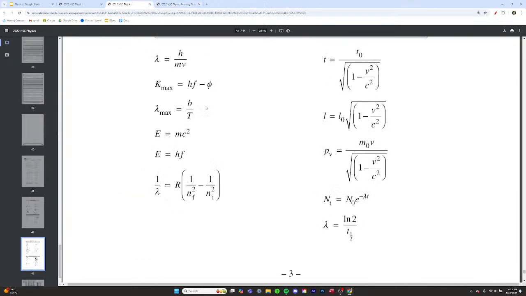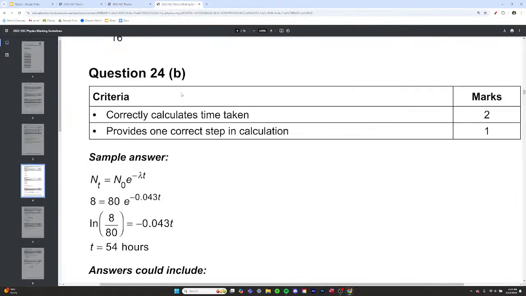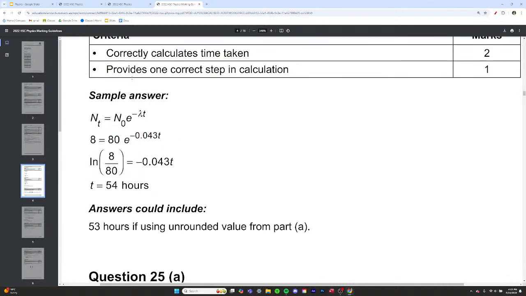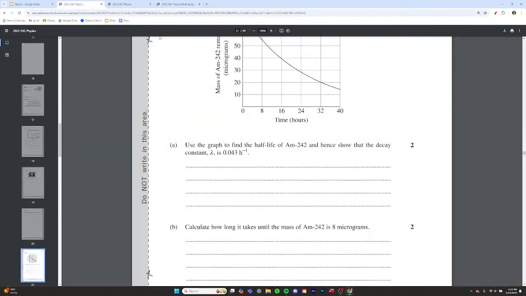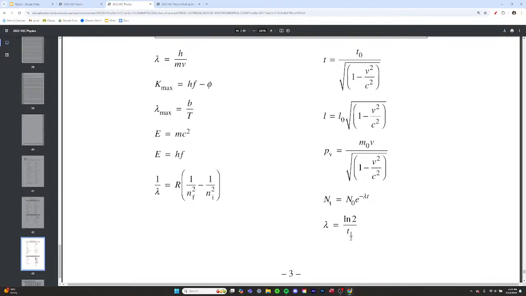Hold the phone. Oh, okay. So N_t is the value you want to get to, the grams, and N naught is the starting value. That's the decay constant, and that's the time you want to find. Okay, easy.